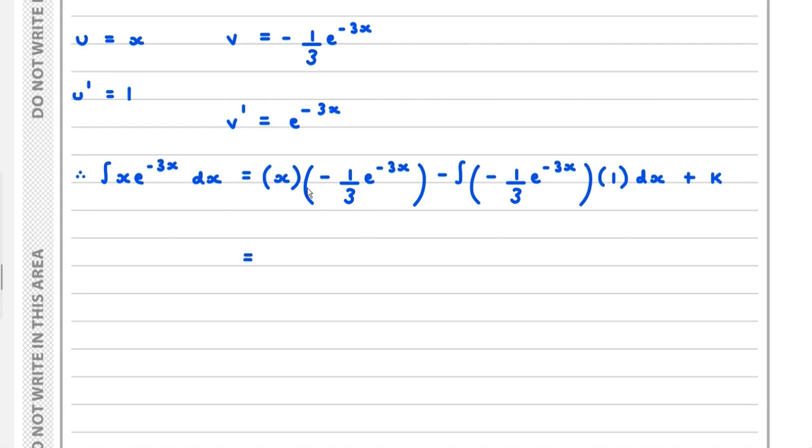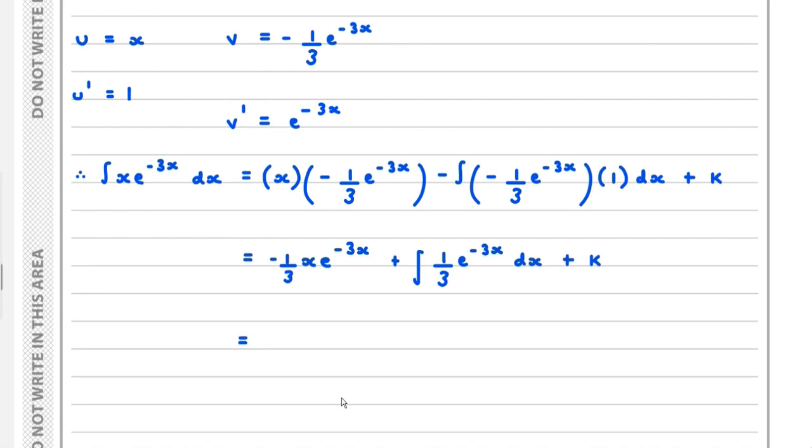So we have x multiplied by -1/3 e to the -3x, that's -1/3 x e to the -3x, and then we've got negative and a negative, which makes a positive, so we add on the integral of 1/3 e to the negative 3x with respect to x.